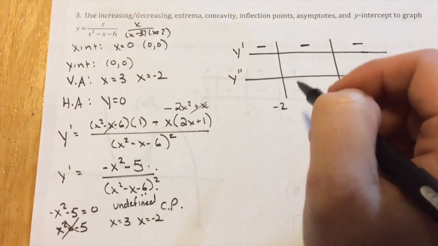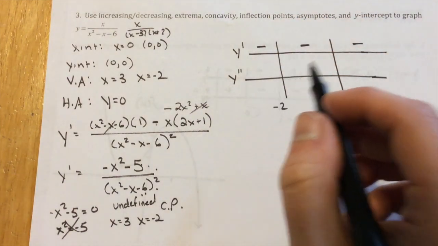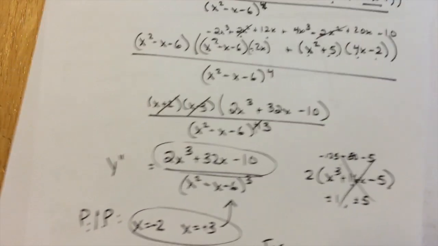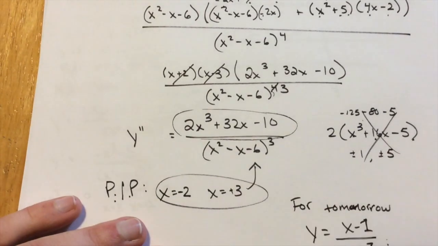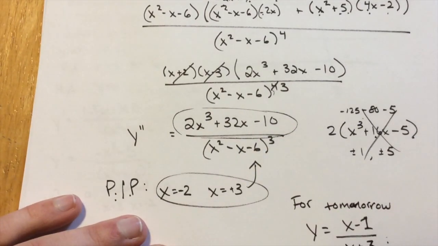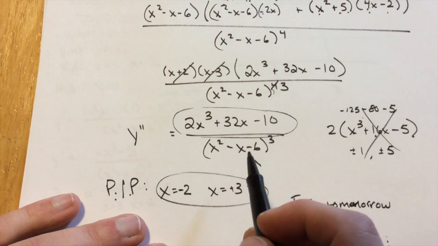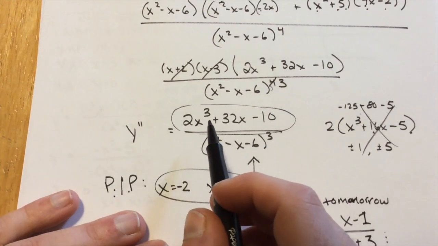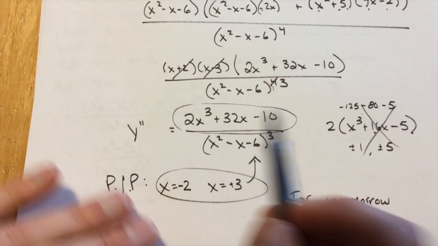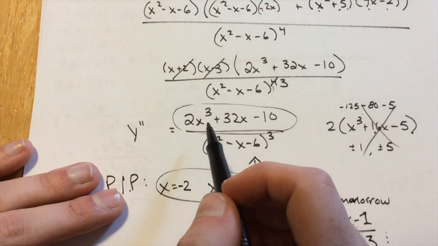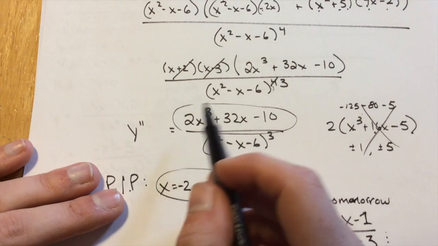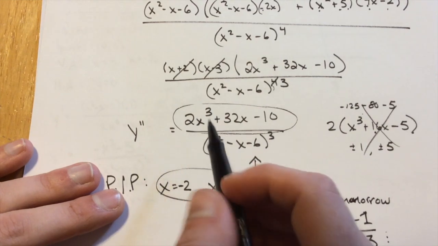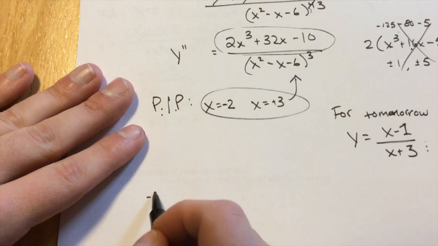For my second derivative, to the left of negative 2, if I plug in negative 3, I get negative 27, negative 40, so let's plug in negative 3.